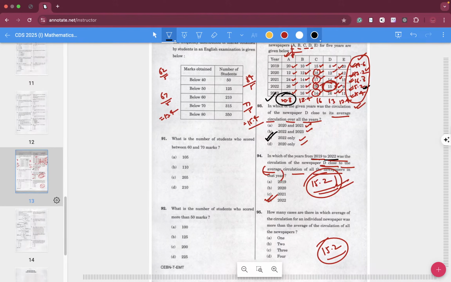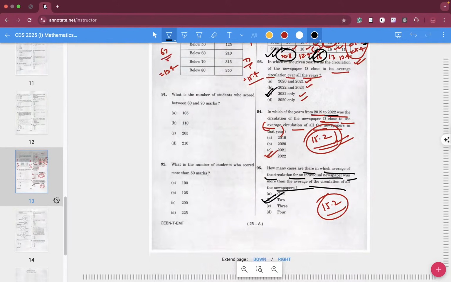For A it was more than 15.2, and also for C it was more than 15.2, which was 16. So for A, B, C, D, E, only 2 cases were there, folks.